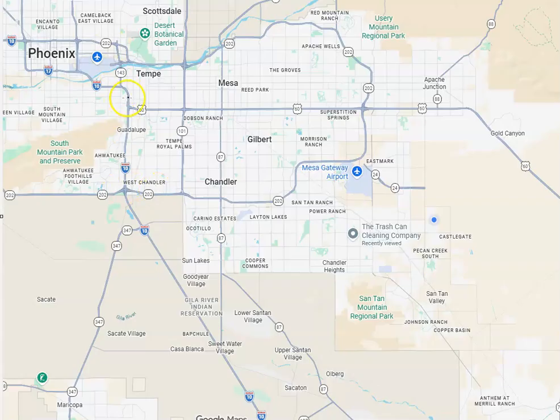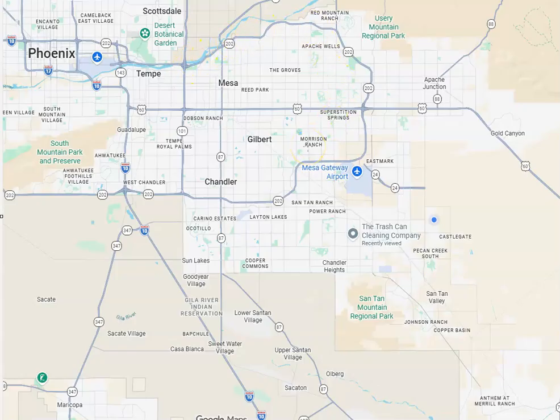So basically, east of the I-10, this way, is all us in this Tempe area. I don't do all of Tempe, just certain parts of it. But then once we hit the 101, all of this, we serve.